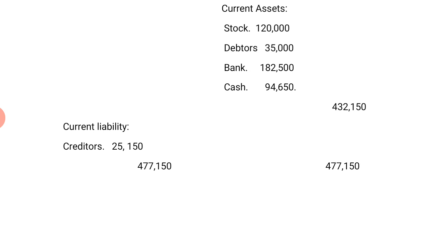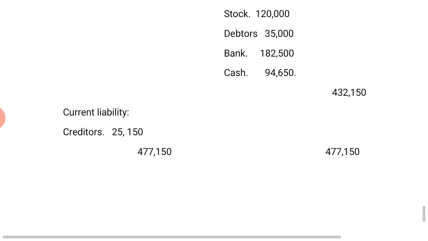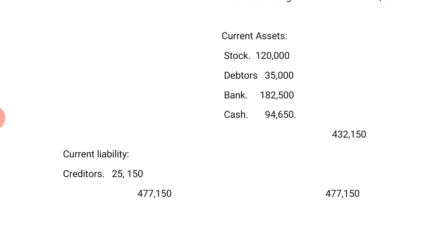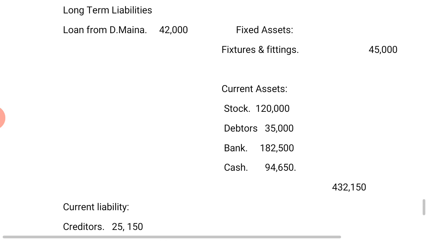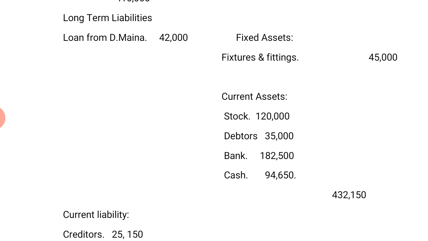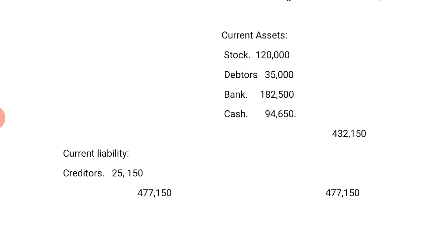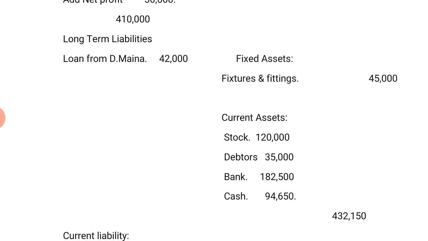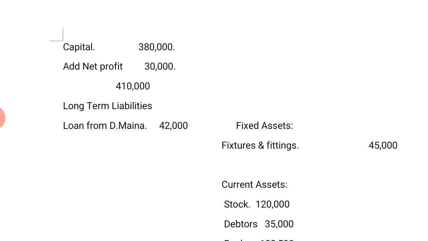So when you add all our current assets, it gives us 432,150. So the addition of the current assets to the fixed assets will give us 477,150.